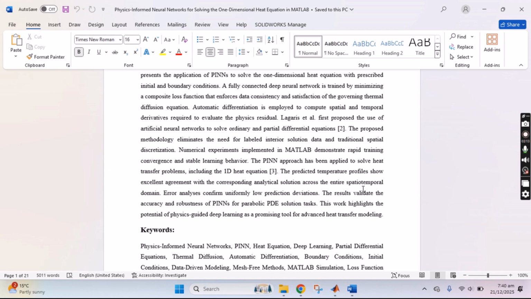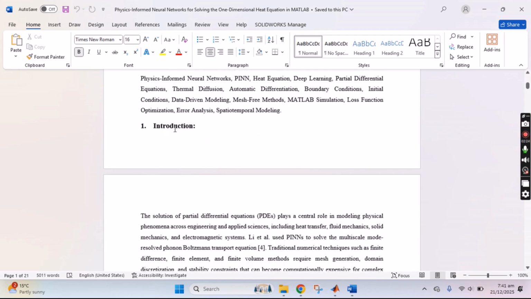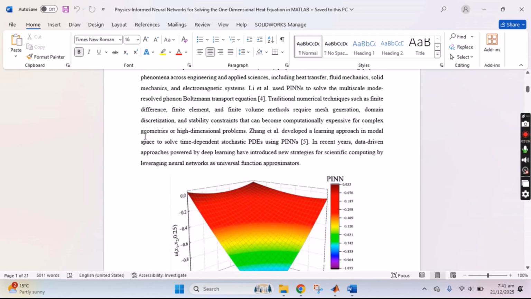So our results provide the accuracy and robustness of PINNs for the parabolic partial differential equation solution. Here I have written the abstract with the keywords and the introduction.